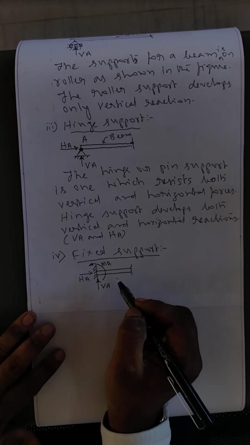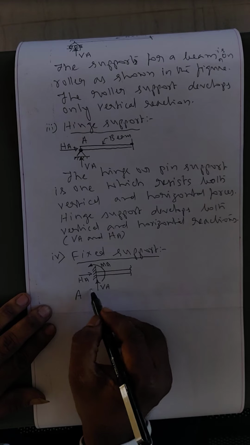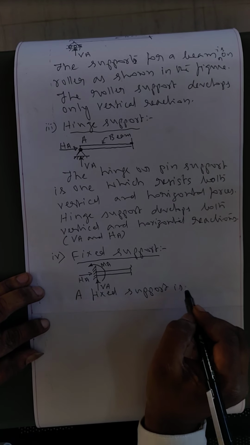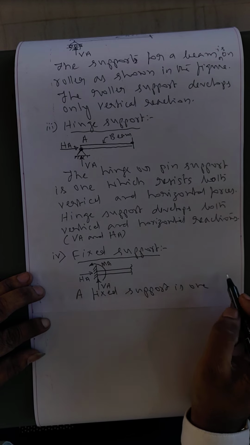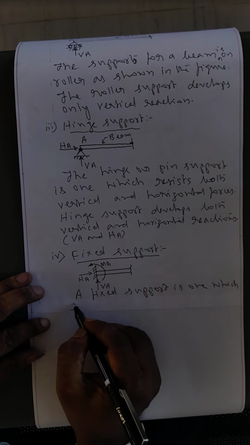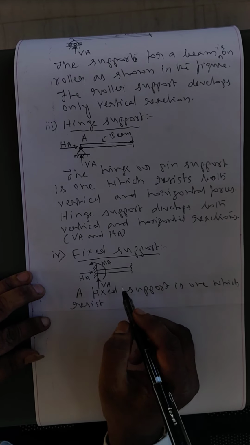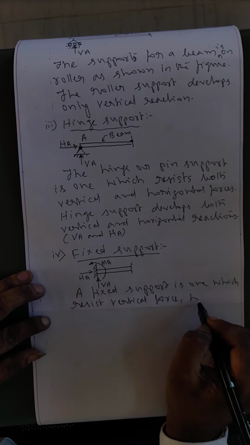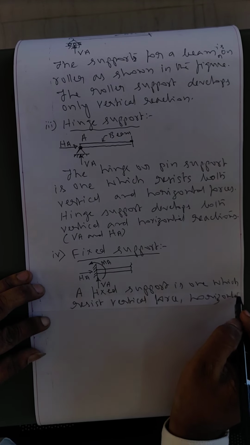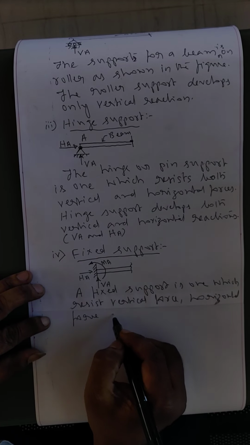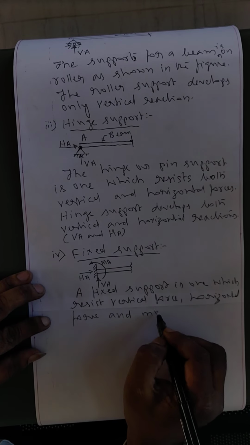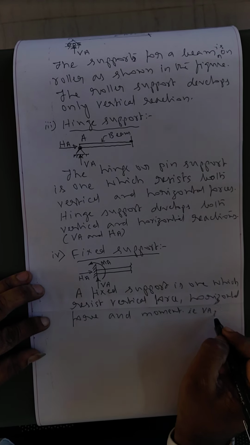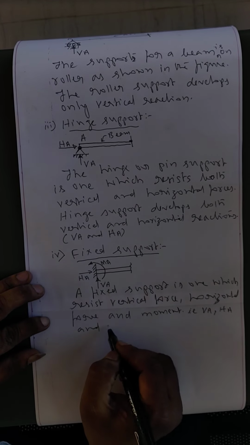It will develop moment. Therefore, a fixed support is one which resists vertical force, horizontal force and moment, that is VA, HA and MA.